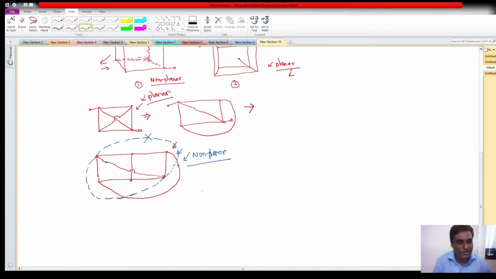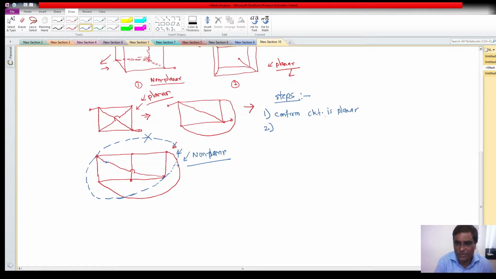So let us start with the steps involved in mesh analysis. First, make sure that the circuit is planar. If it is planar, then you can go to the second step. If the circuit is non-planar, you cannot apply mesh analysis here.